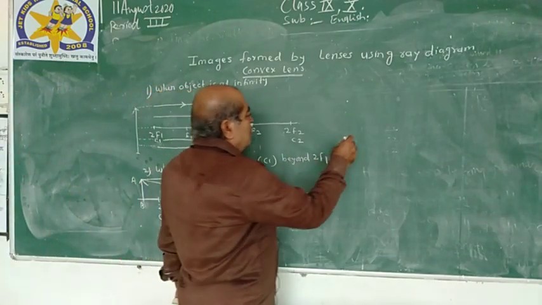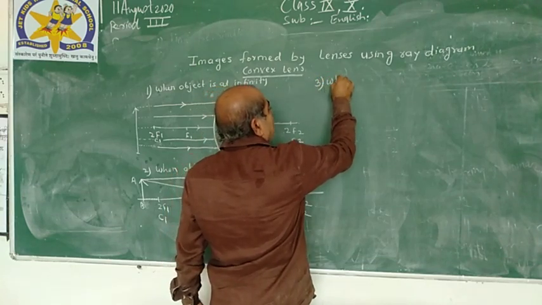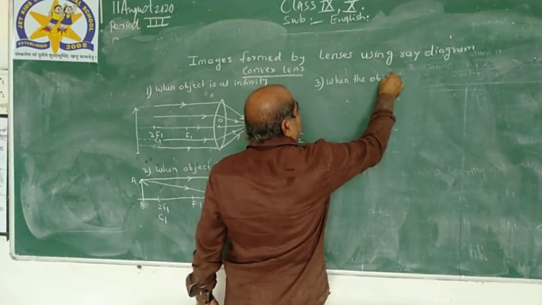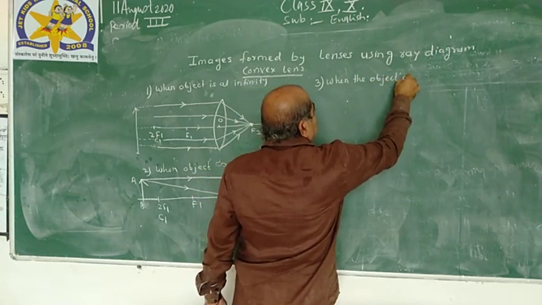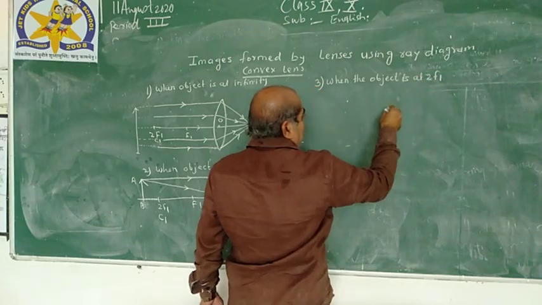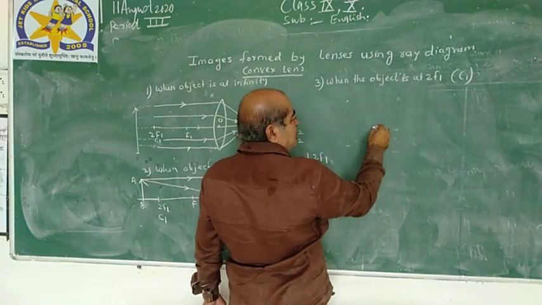Now the third position of the object is when the object is at twice F1, meaning at the center of curvature C1.